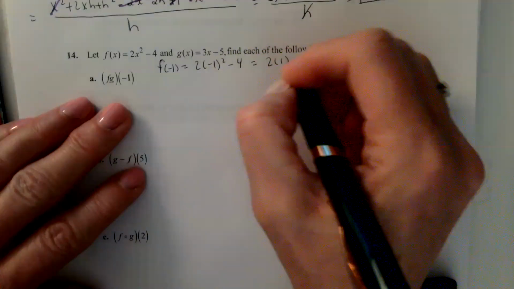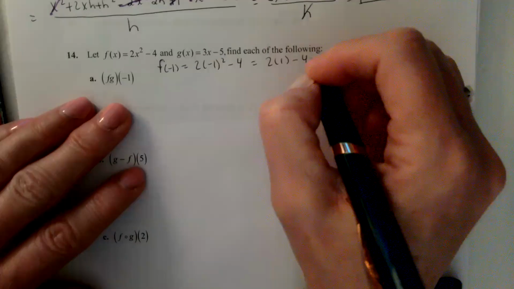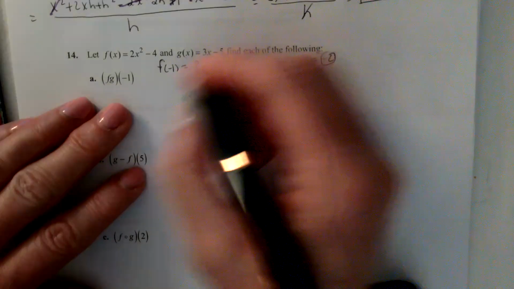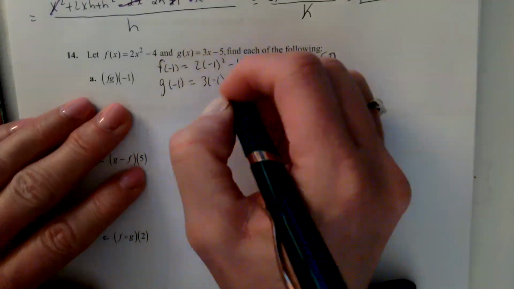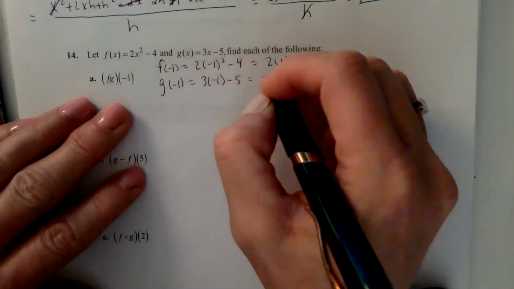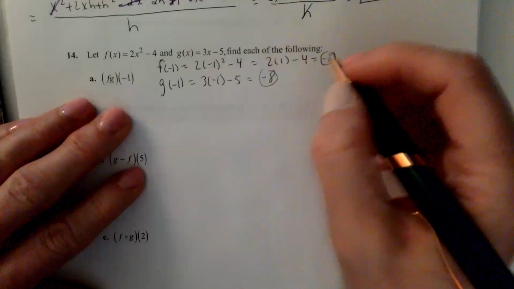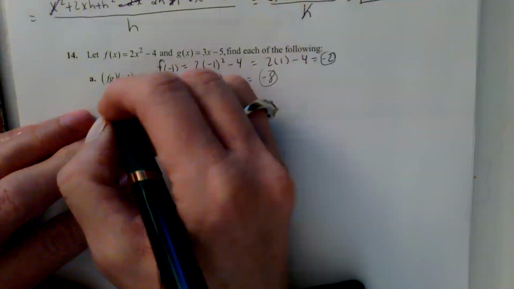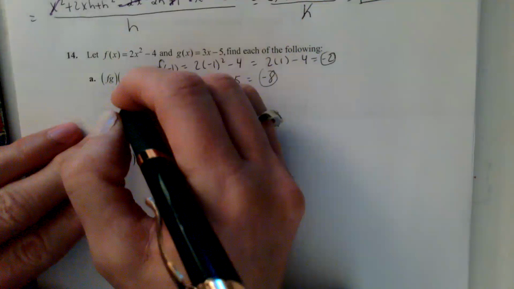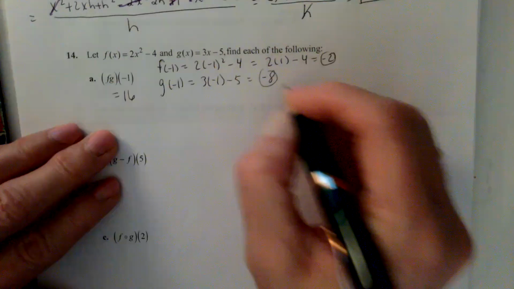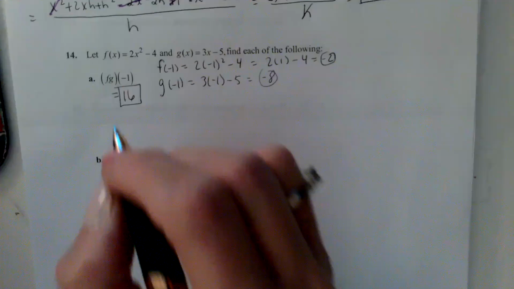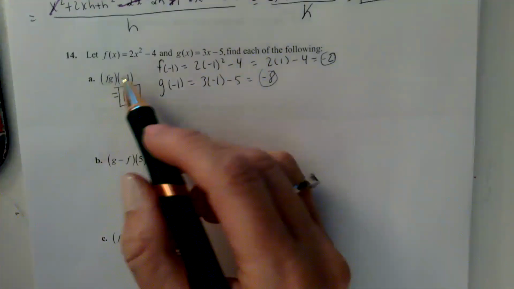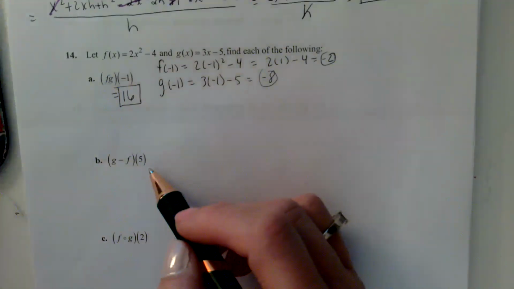So 2 times 1 minus 4 is -2. And then g at -1 is -8. So this should equal 16, because -8 times -2 is 16. So it's easier to evaluate them at -1 separately and then multiply.